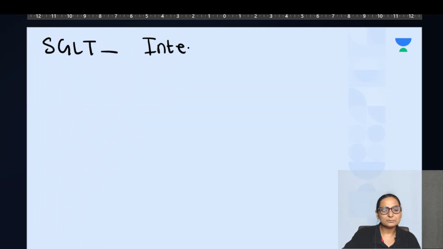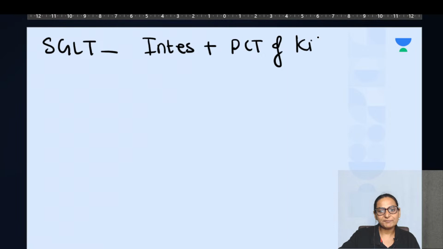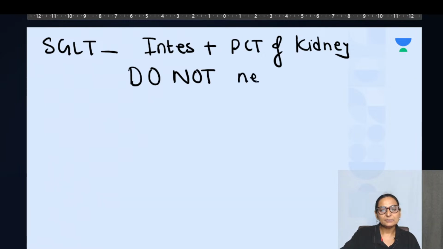Next important is that this SGLT, which is present in the intestine and in the proximal convoluted tubule of the kidney, does not need insulin.